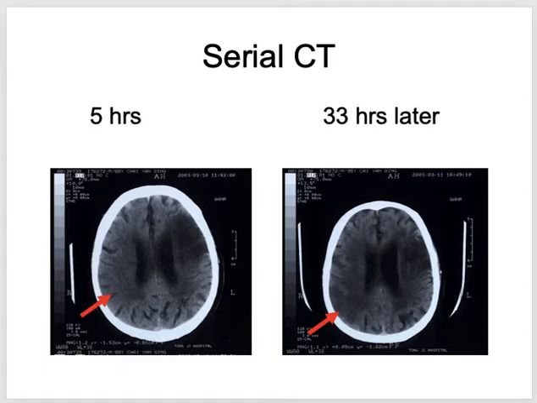Any patient who comes to the hospital, the confirmation can be done by CT scan. The most important thing is to see whether the patient is having ischemic stroke or hemorrhagic stroke.